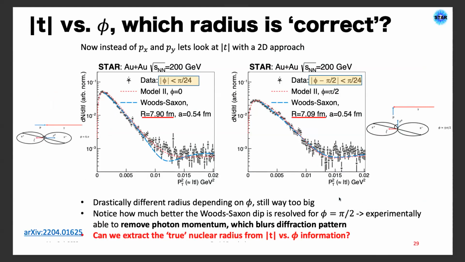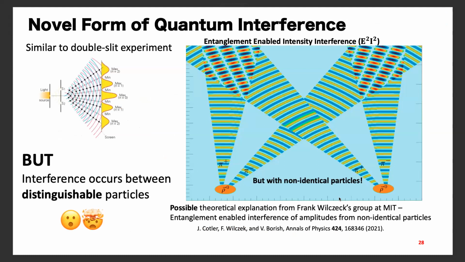Okay. So it has been possible before, say if you measure the t distributions from the vector mesons, the measured slope, the extracted radius, is too big. And the reason is because in the past, this effect has never been taken into account.